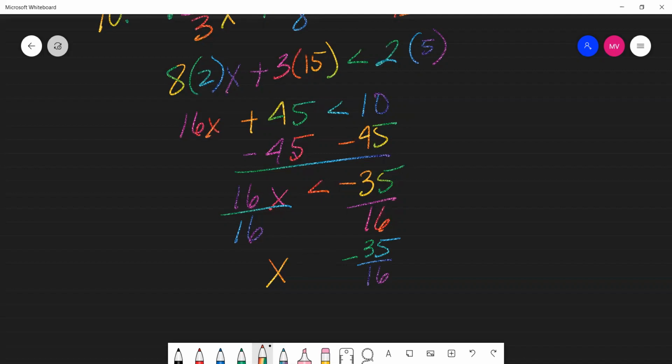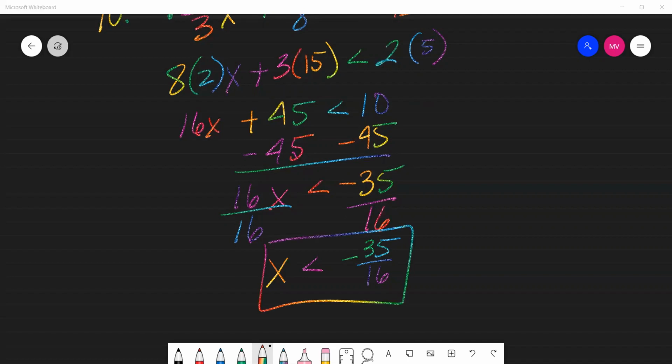Right, but what has to be negative? The number we're actually multiplying or dividing by. So because 16 is positive, we leave our inequality sign the same. So our answer is x is less than negative 35 over 16.